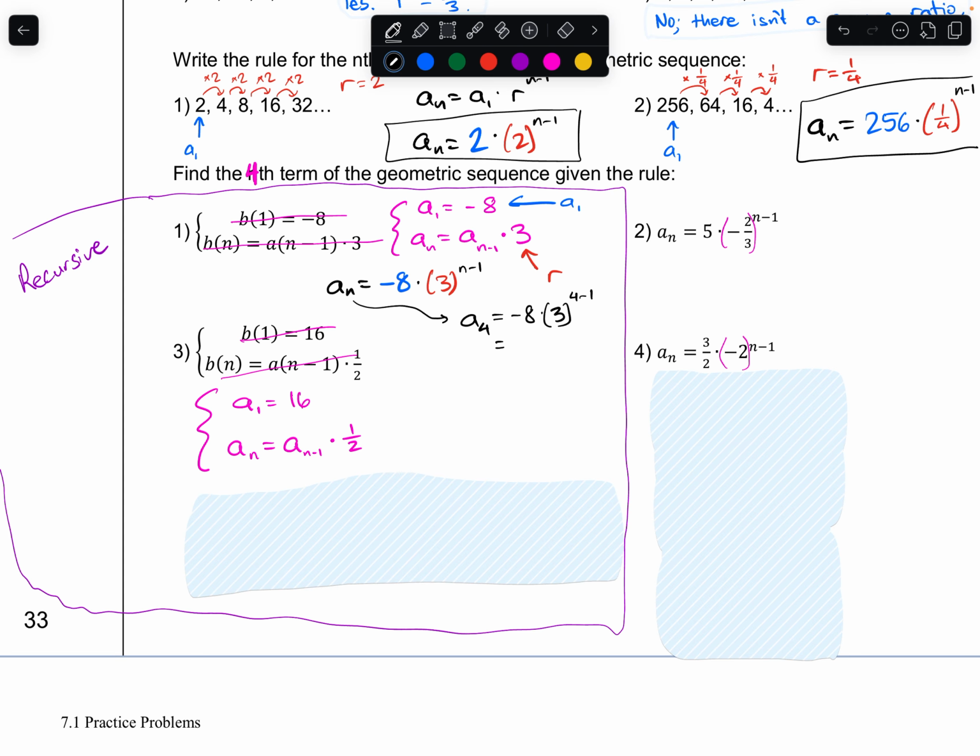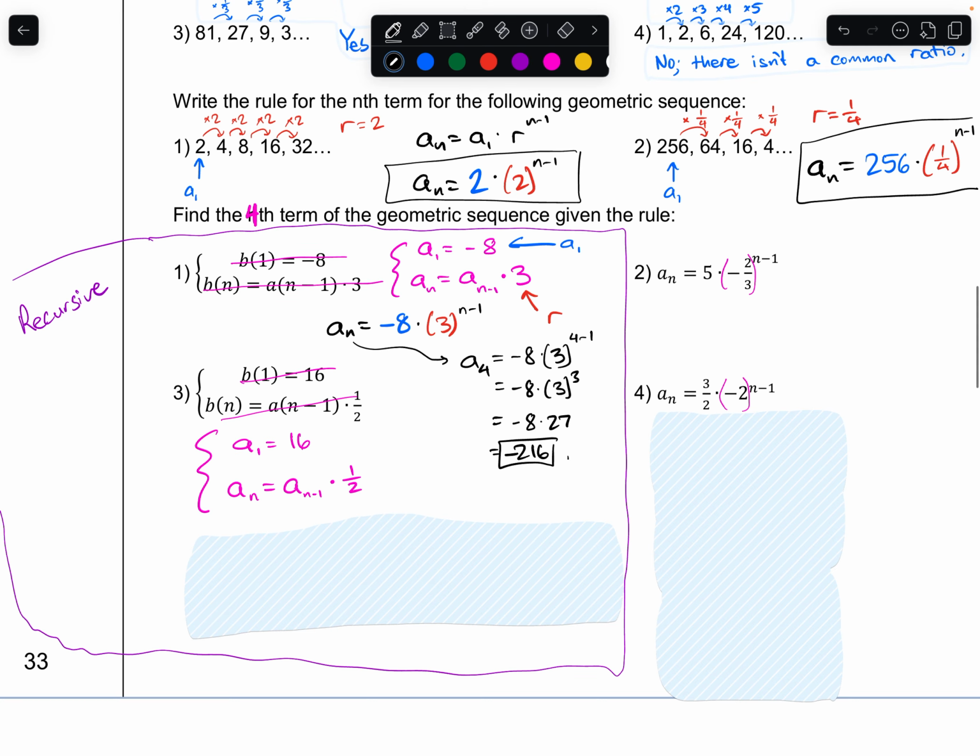Following the order of operations, we would have -8 times 3 to the 3rd power. Exponents come before multiplying, so 3 to the 3rd power. 3 times 3 is 9, times another 3 is 27. And finally, -8 times 27 is going to leave us with 216. Sorry, -216. There we go.